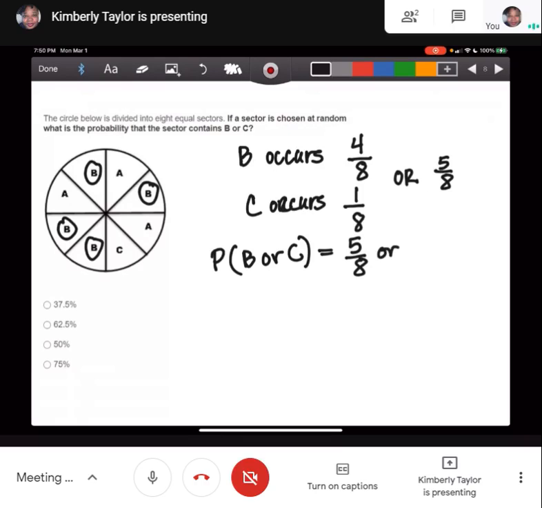This is when you would do it in your calculator. If you divide 5 by 8, you get 0.625. And you can change that to a percent by multiplying by 100. If I multiply this by 100, I get 62.5%, which is here. Okay, let's keep going.